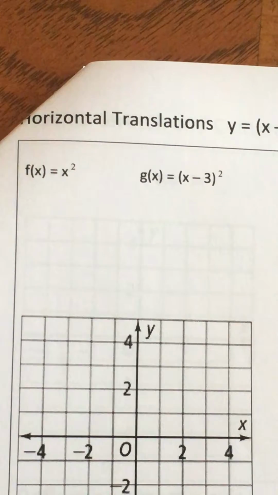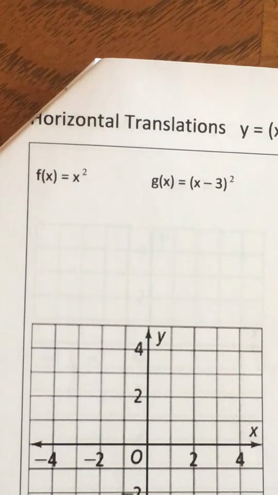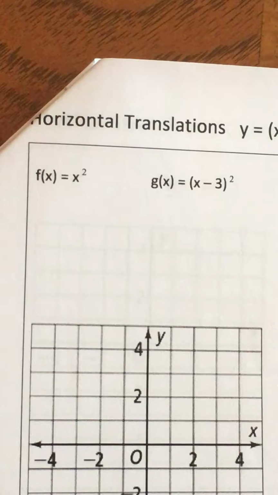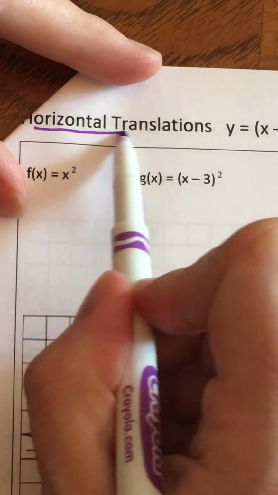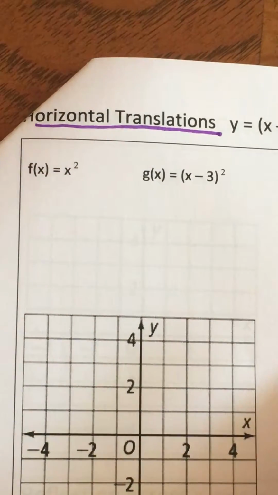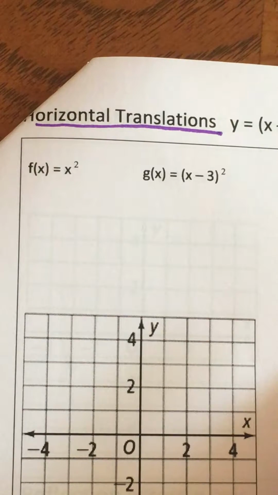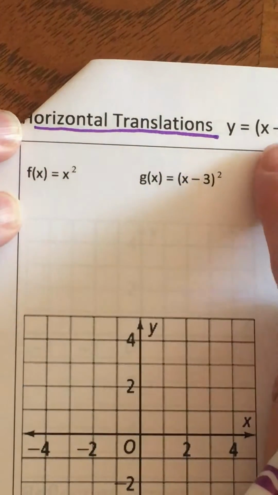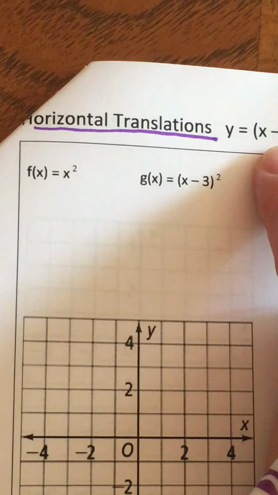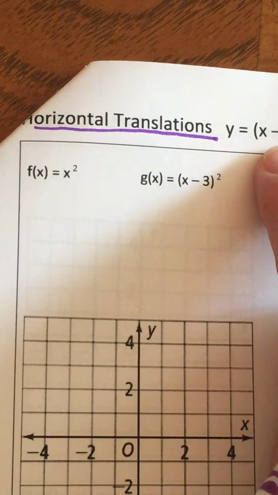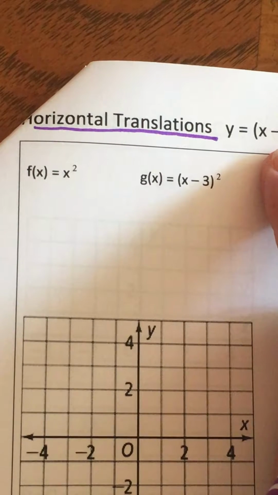Very good. In our next section, we're going to be discussing a horizontal translation. In yesterday's notes, we discussed how things that change or show up inside the parentheses go opposite the direction of the sign. This is usually referred to as H instead of C, but that's all right.